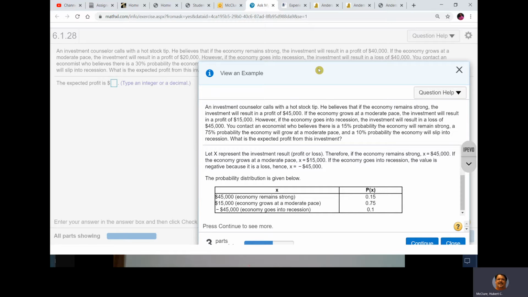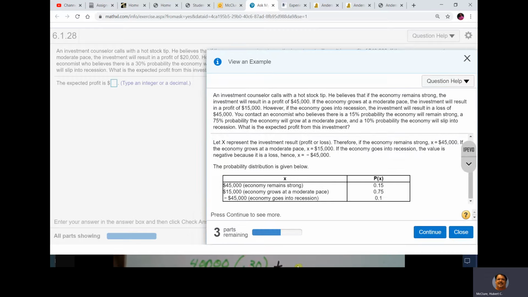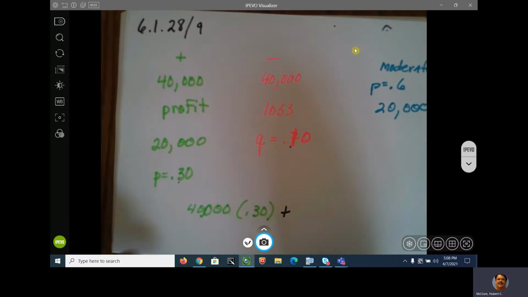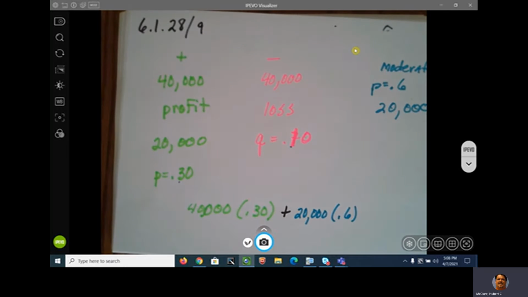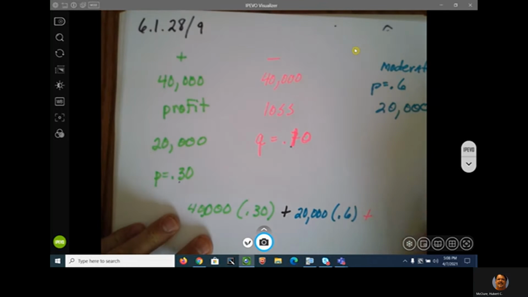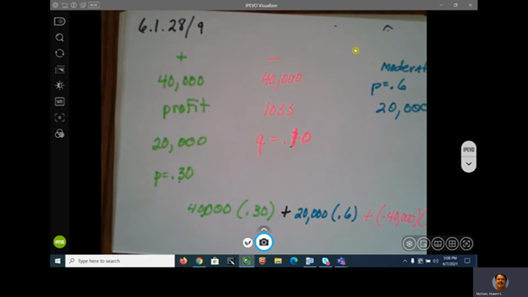So it looks like to me we're going to have 40,000 times 0.3 plus the moderate would be 20,000 at 0.6 plus, that'd be a loss, that'd be negative 40,000 at 0.1. Now that's the way I see it.